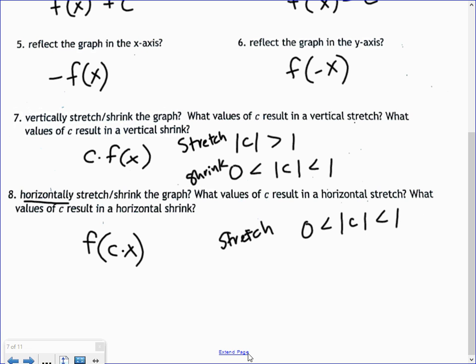It's going to be fractions that horizontally stretch the graph. And to horizontally shrink the graph, you choose absolute values that are greater than 1. So it's flip-flop from vertical stretch. And those things would happen inside with x.